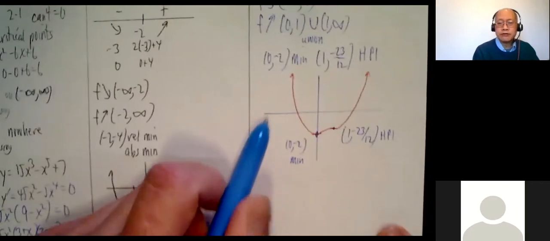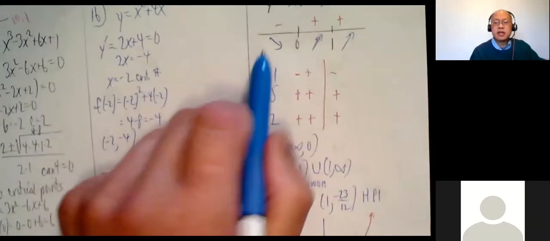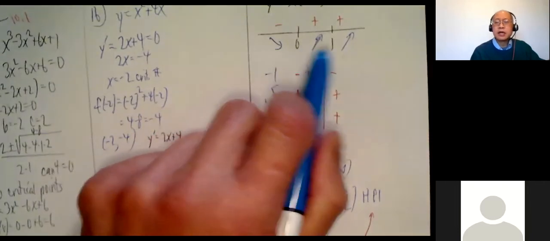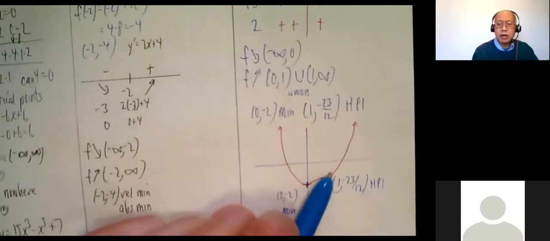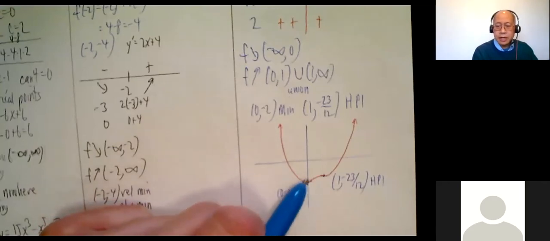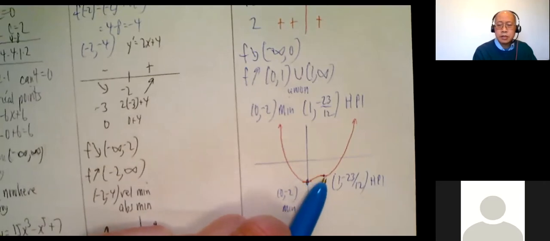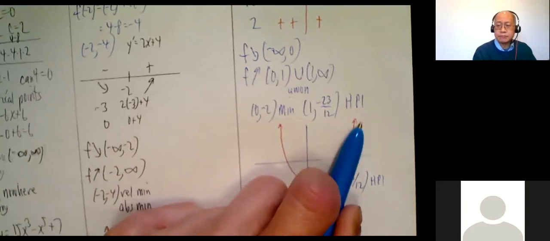Okay, so here's the graph. Function decreasing, then increasing, then increasing. Down, up, up. Okay, down, then up. So 0, -2 is a minimum. Comes right here, increases to 1, -23/12, and then it goes back up again.